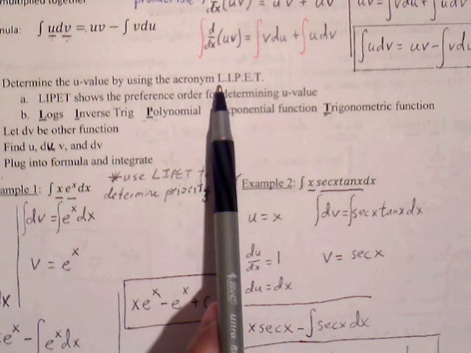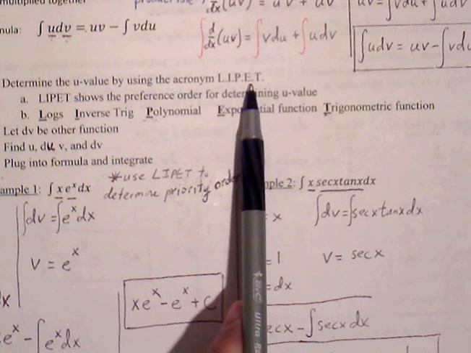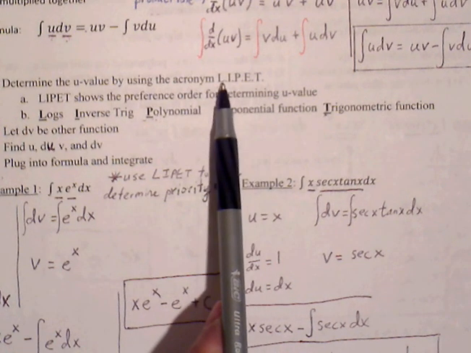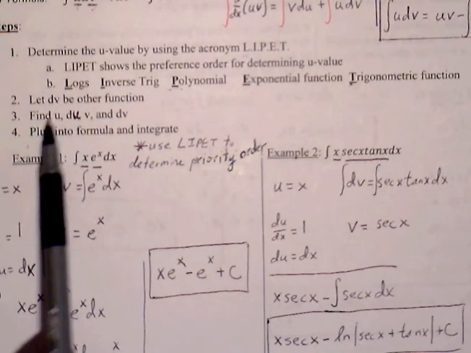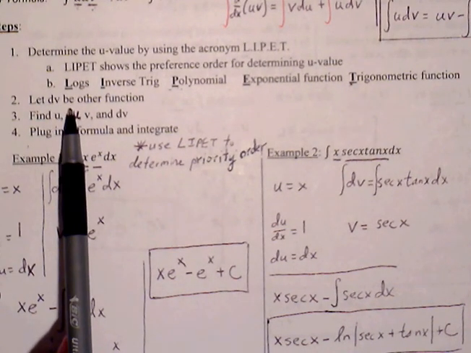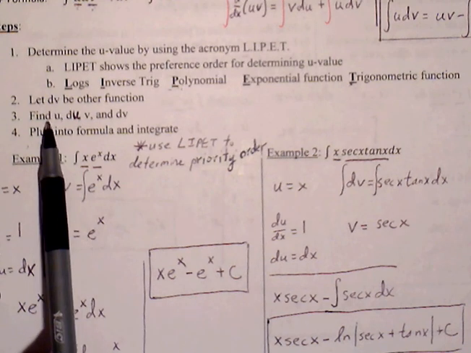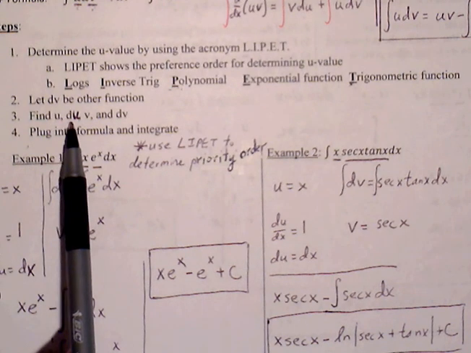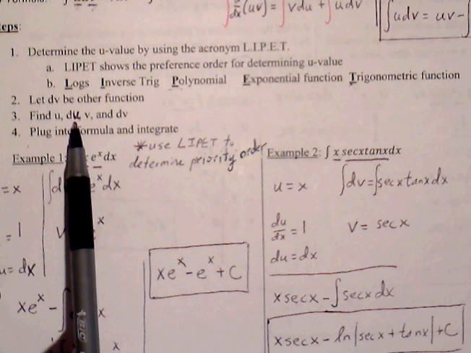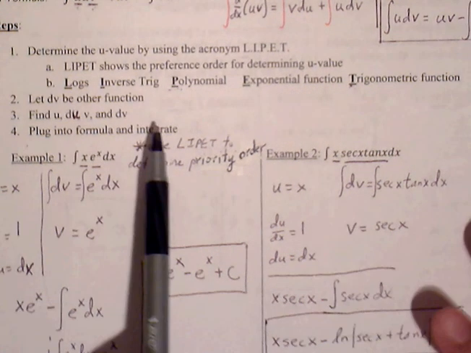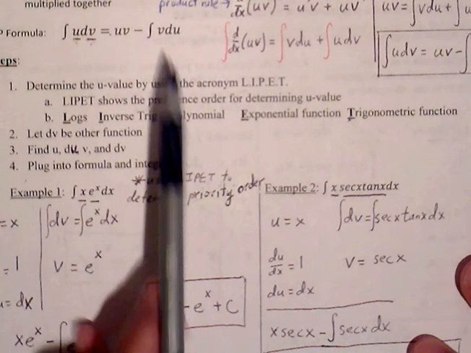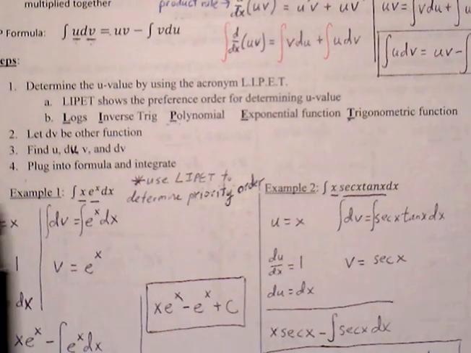If we're comparing a log function and an exponential function, the log function is higher in the preference order, so u is the log function and dv is the other function. Once we have u and dv assigned, we find the missing variables, du and v. Then we plug into the right side of the formula, integrate and solve.